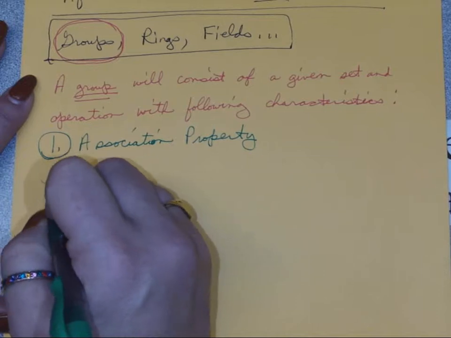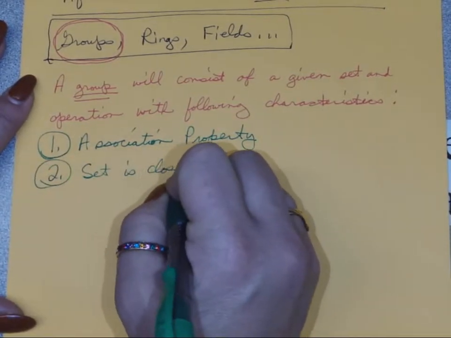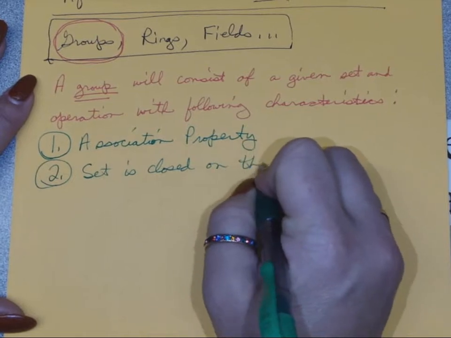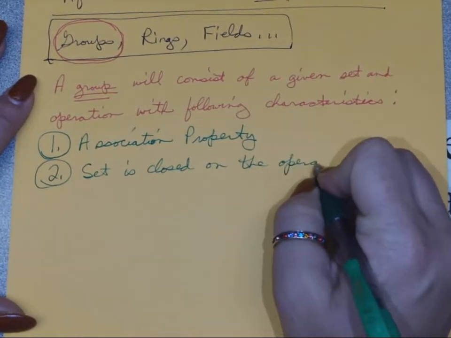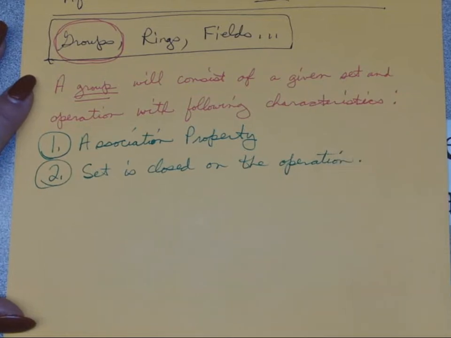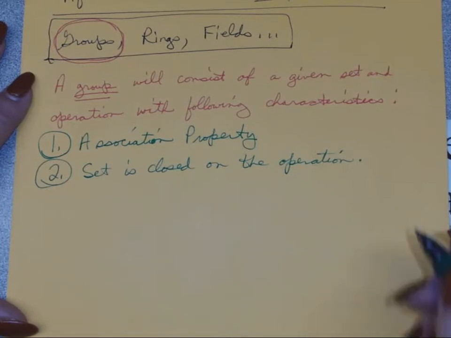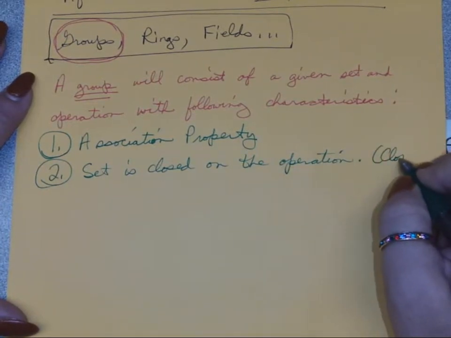Number 2, the set is closed on the operation. We'll say the set of whole numbers is closed on the operation of addition, like we said earlier. So we're going to have closure.